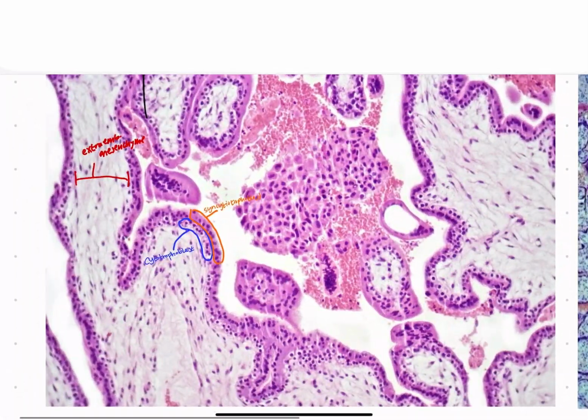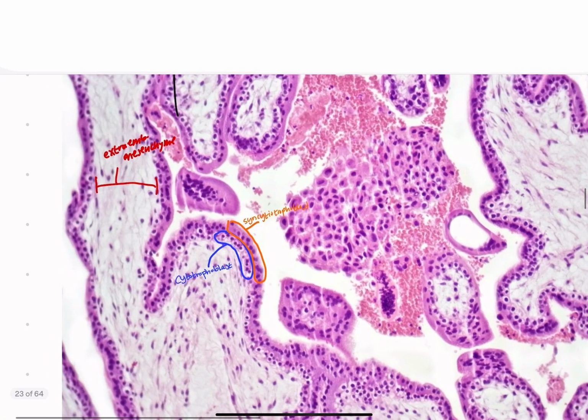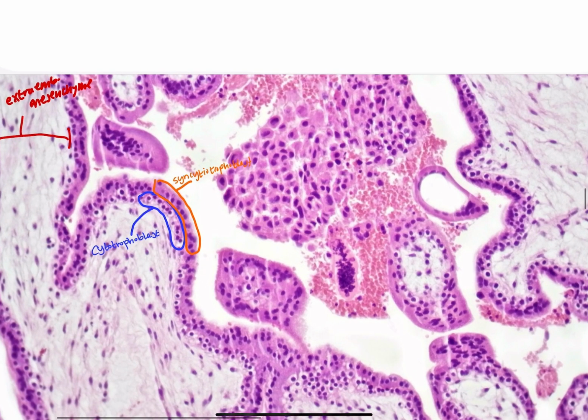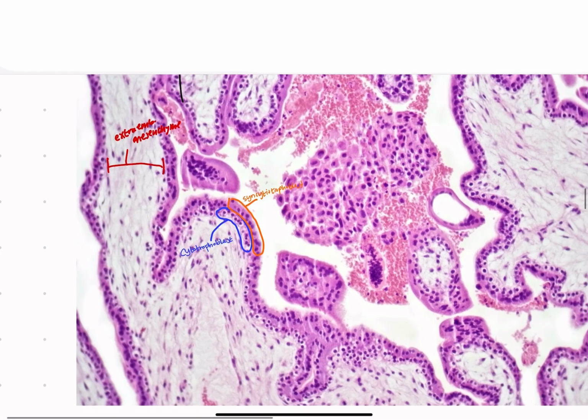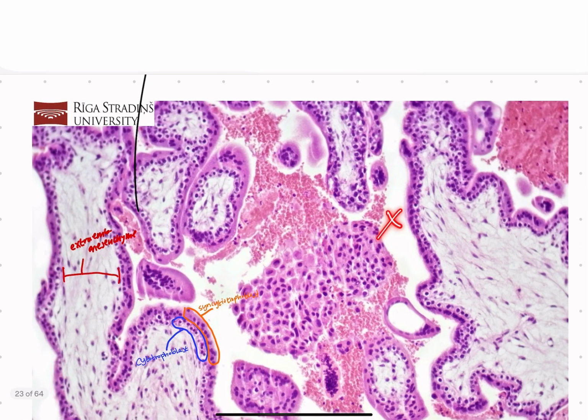Yep. So you can see, as I said before, these are all red blood cells, very characteristic red blood cell form and shape. And these all are within the intervillar space, within the white area. So if it's within the intervillar space, then this would be maternal blood.